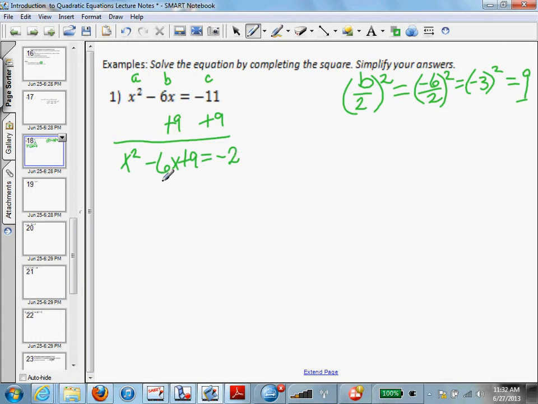Okay, so now we can actually factor this into two sets of parentheses. This allows us to break it into x on each piece, and the positive tells us that both signs will be negative. Now what we want to do is take the number that we got before we squared, which is this right here.